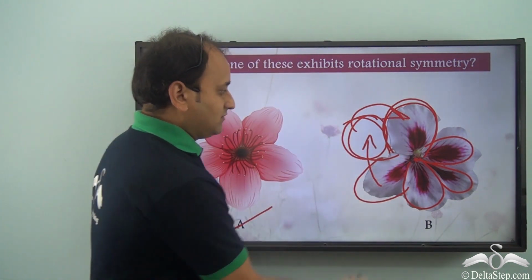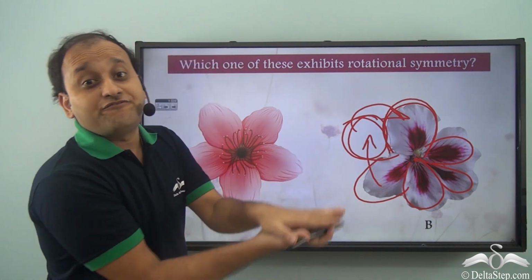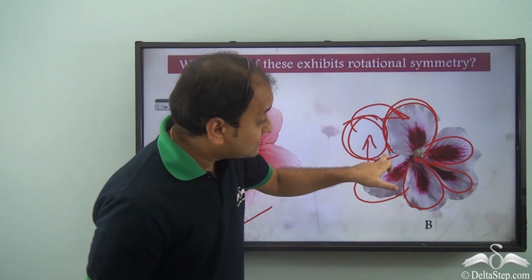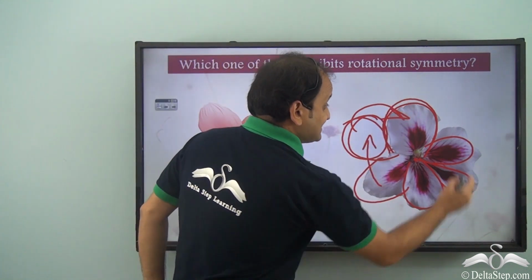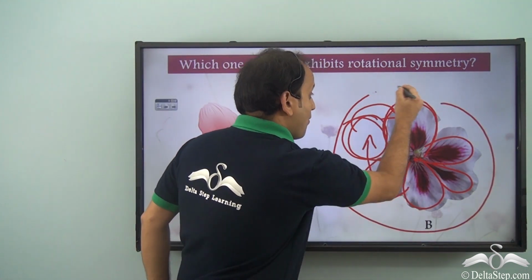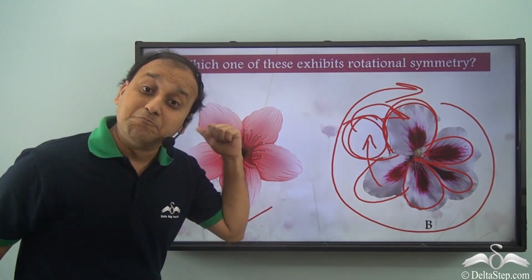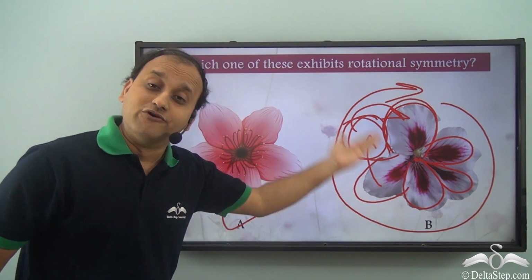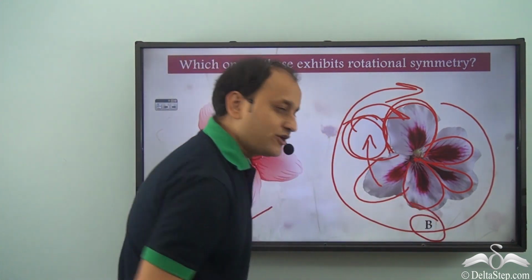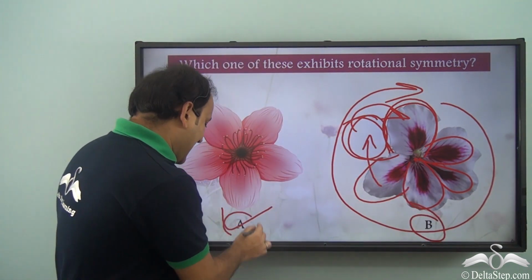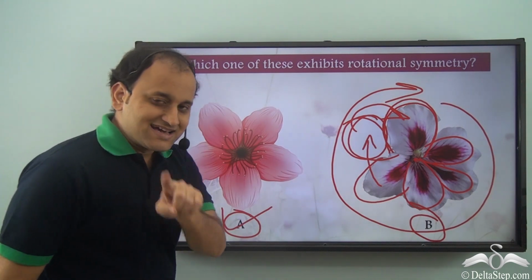And then you will not get the same figure. And this same figure can be achieved only when this completes one complete turn or one full turn. And that's why this B is not showing rotational symmetry, while A is showing rotational symmetry.